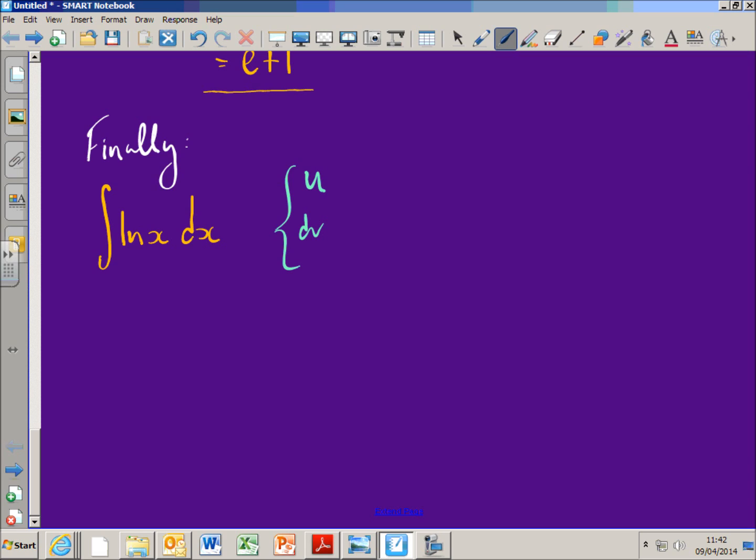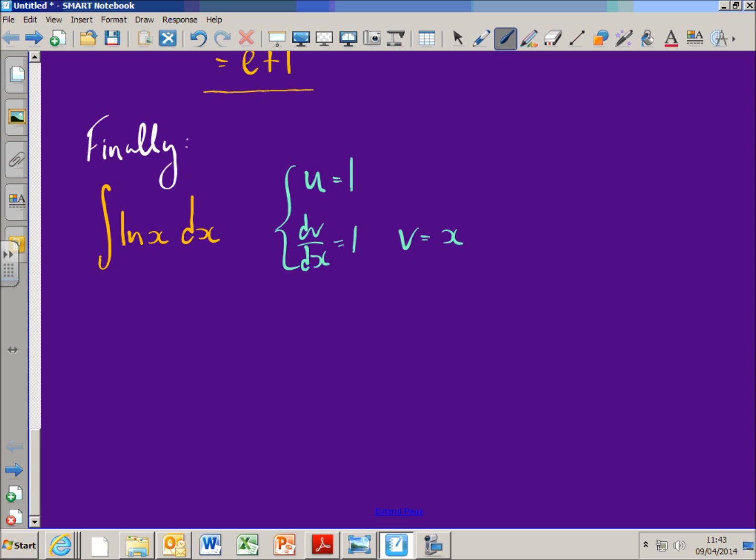So I've got the u and the dv dx, and I'm going to have one of them just as 1, and one of them as ln x. So which one's which? Yeah. Okay. If I make this one 1, can you tell me what v is? x, right.